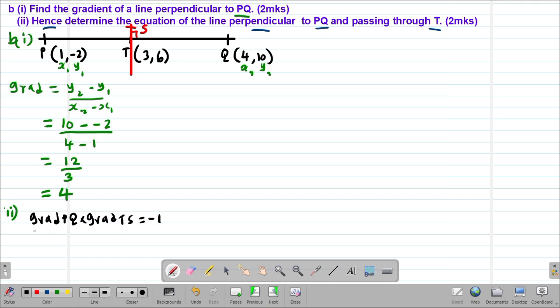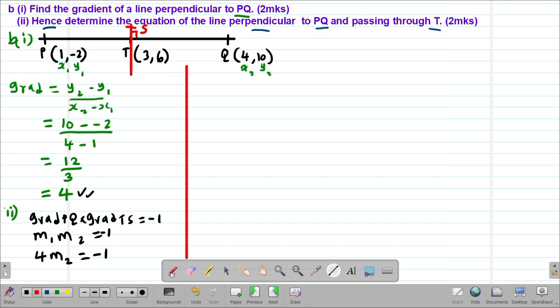lines are perpendicular. Therefore I'll say M1 M2 should give me -1, where M1 is the gradient of the line PQ. So the gradient for line PQ is 4. So I'll say 4 multiplied by M2, which is the gradient for the line TS, should give me -1. Then I'm going to divide through by 4 so that I get the gradient for the second line.